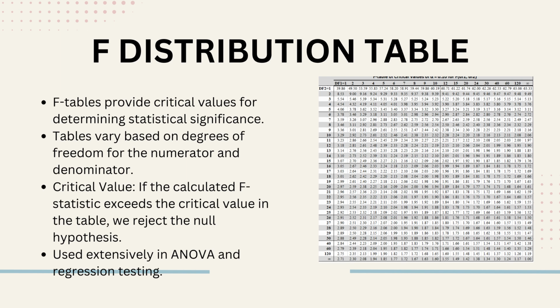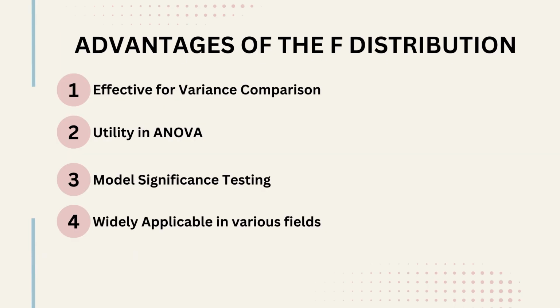It is essential for determining whether to reject the null hypothesis. If our calculated F statistic exceeds the critical value found in the table, we reject the null hypothesis. These tables are crucial tools in both ANOVA and regression analysis, helping to ascertain statistical significance. Now let's move towards our next slide.